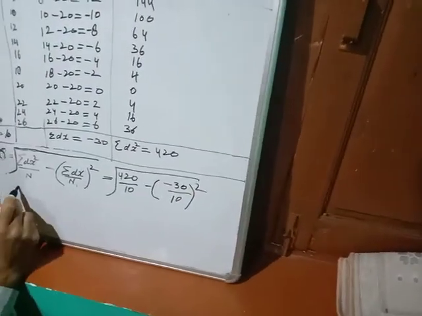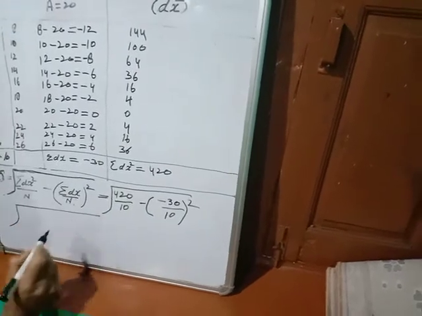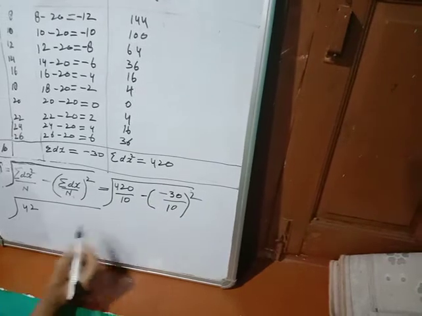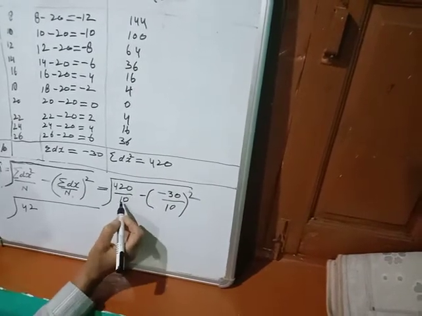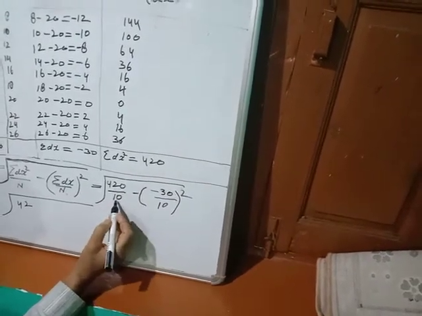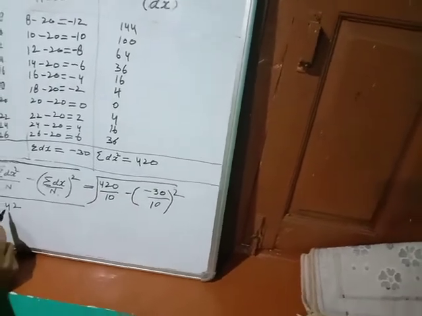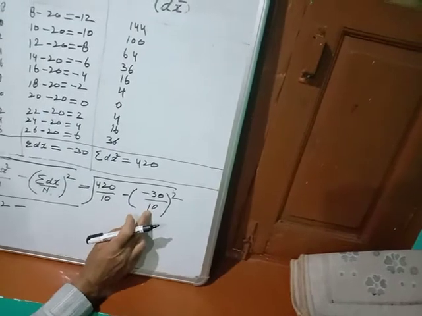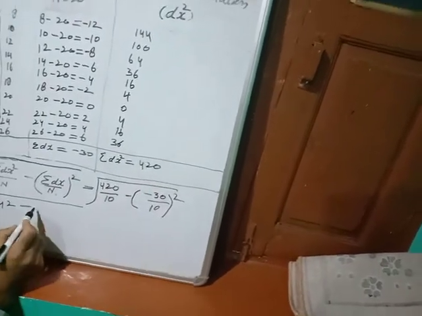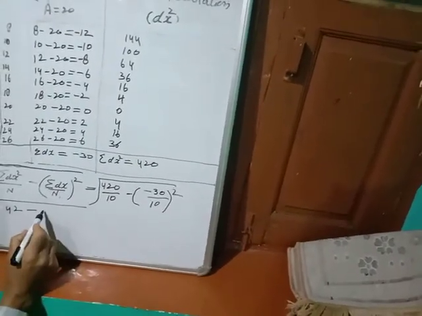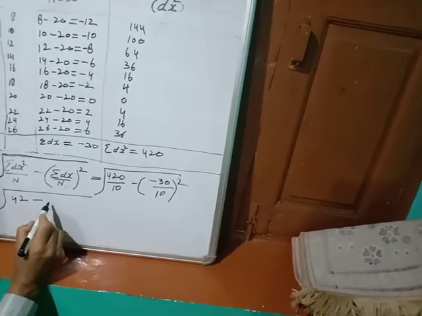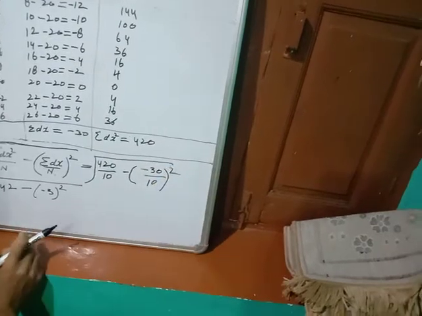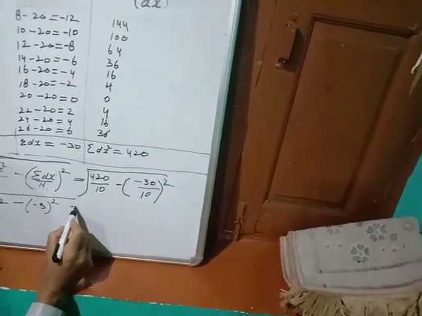When we divide 420 by 10, that is 42, minus, 10 threes are 30, that is minus 3, this square, minus 3 square.